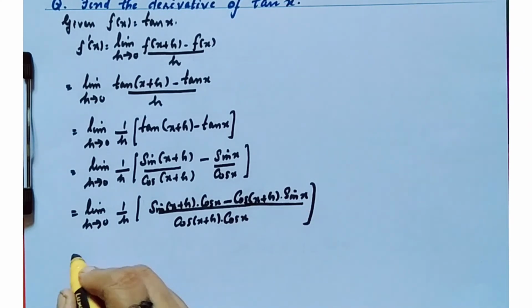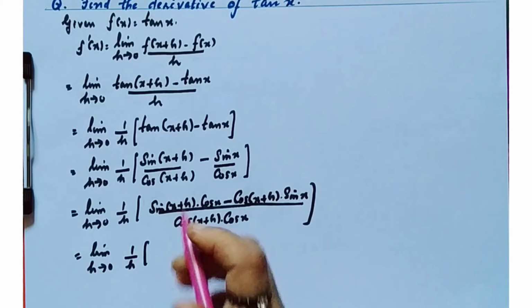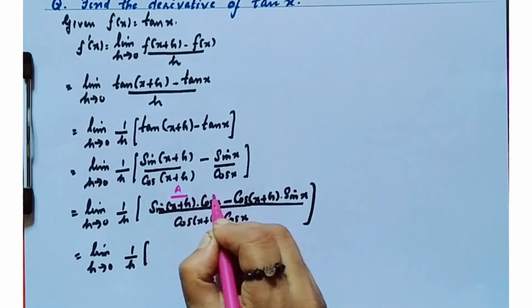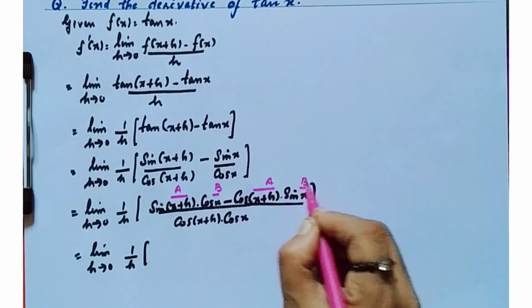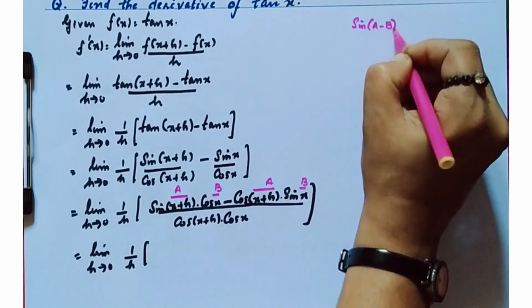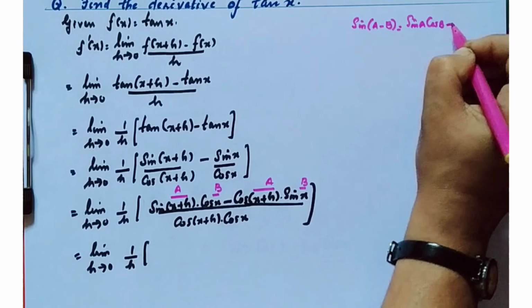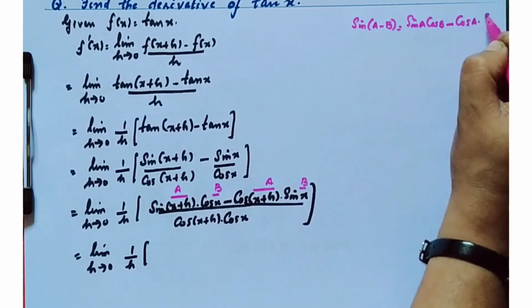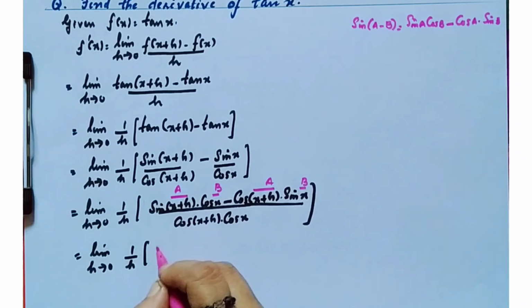Now within the bracket the numerator is of the form sin a cos b minus cos a sin b. What is the formula for sin(a minus b)? Sin(a minus b) equals sin a cos b minus cos a sin b, which is of the same form. Therefore we can apply that formula.